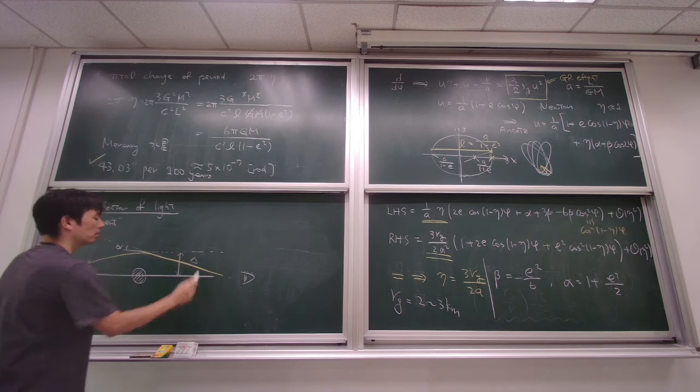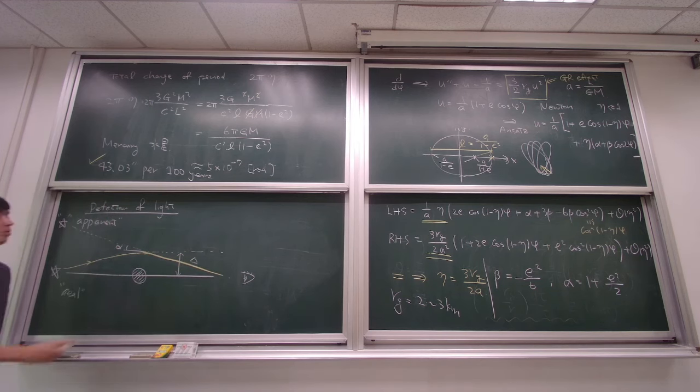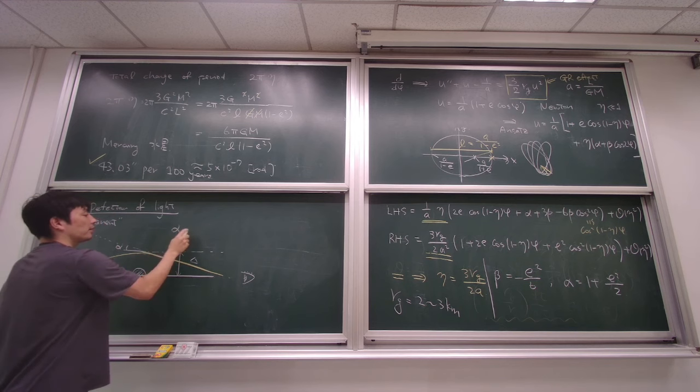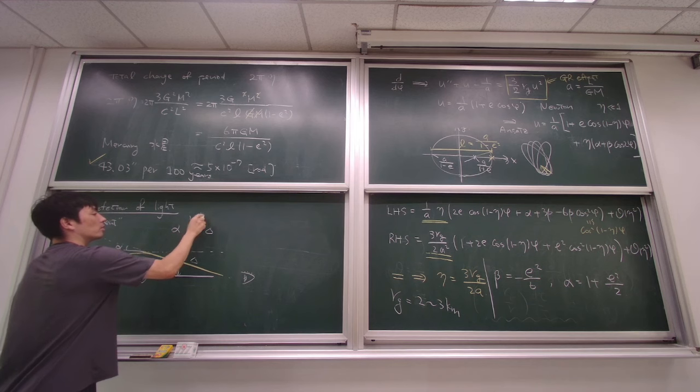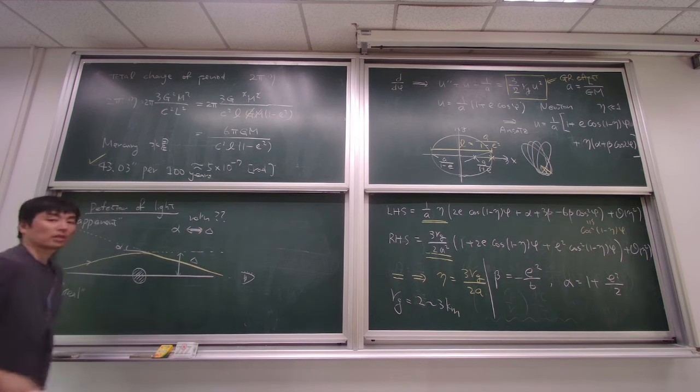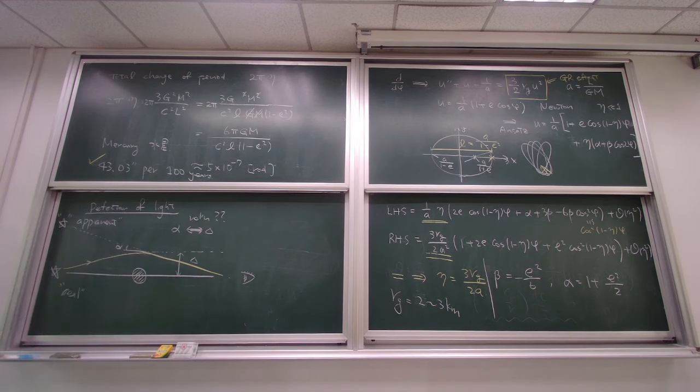I call it delta here. So the question is, what is the relation between alpha and delta? That's what we want to see from the gravitational effect. So we want to estimate this one.